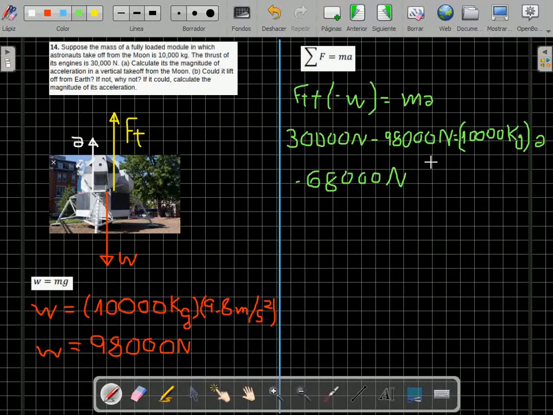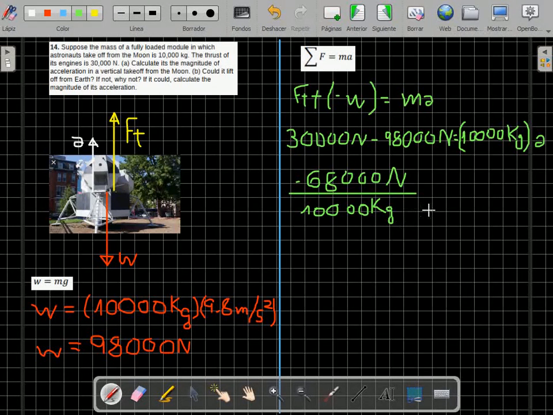And since we're trying to isolate the acceleration, we can send that 10,000 kilograms from one side to the other, from multiplying to divide. So here we're going to put 10,000 kilograms. Once again, I have the problem of the meters per squared second that I don't see.